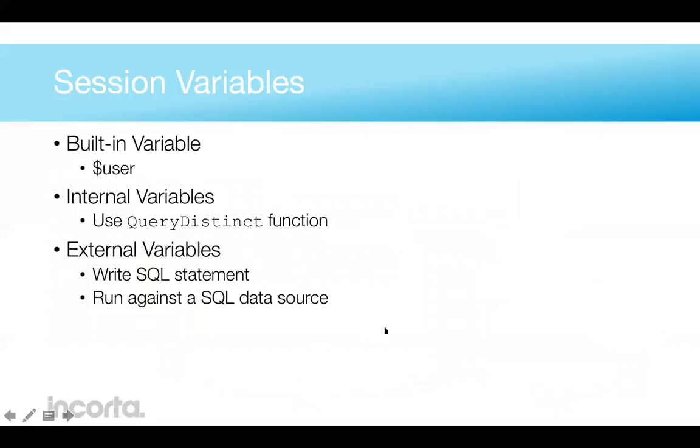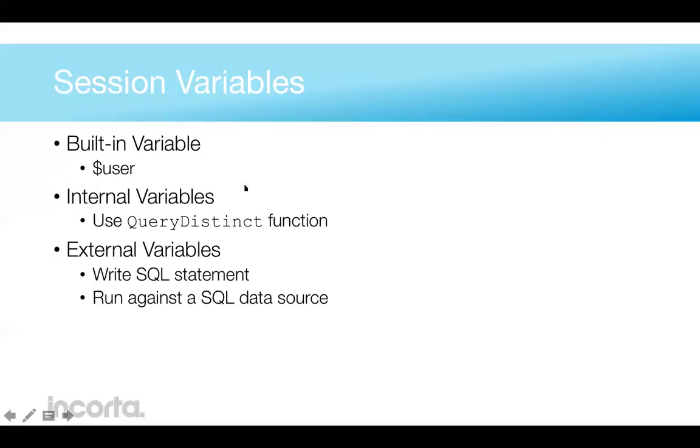In Incorta session variables, we have the built-in variable $user. This basically represents the login name of the user. This is important: when you design your data security, you need to think about which login name should be used, because the value of the login name will be available in the session variable and can be used in the filter.